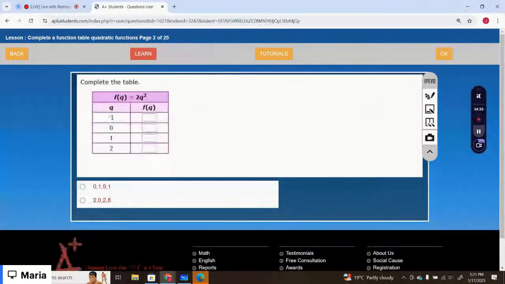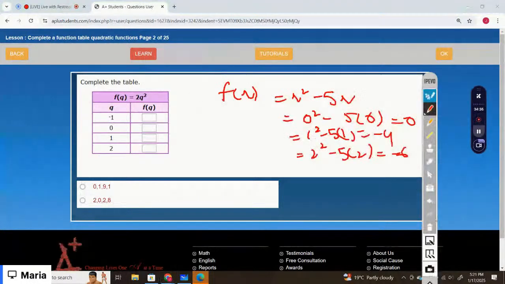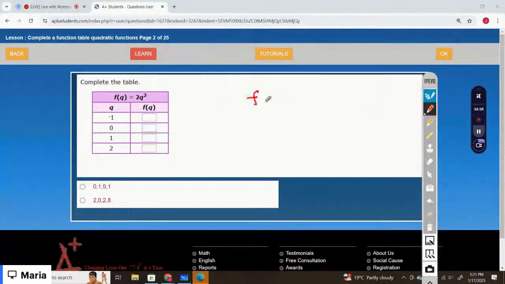Complete the table. Which is the correct option? Q equals negative 1. That is 2.